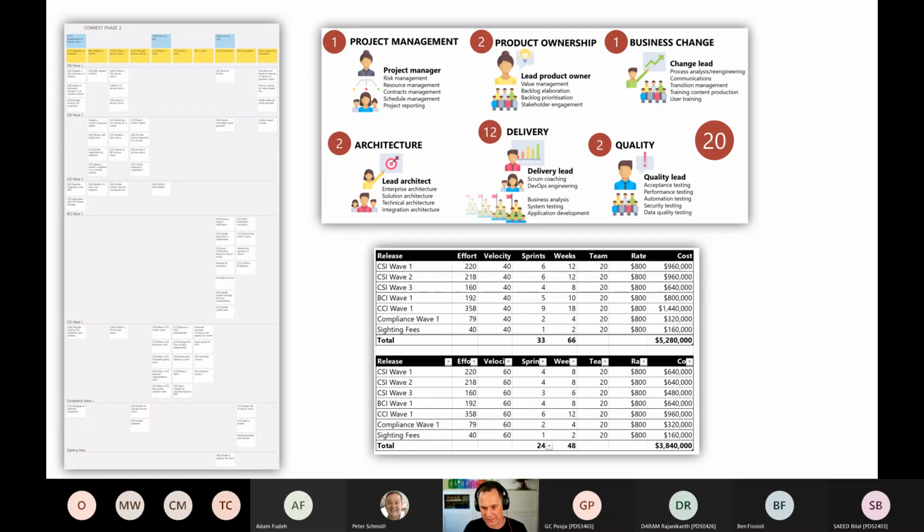So what's the range of velocity that we think this team could perform at over the course of the project? And that gives us a range of costs. You can see here it works out at $3.84 to $5.28 million. We're not going to give people costs to the nearest penny. I think that kind of level of precision is misleading. You can see here it's a fairly large range, which reflects the ambiguity and the uncertainty at the beginning of a project.